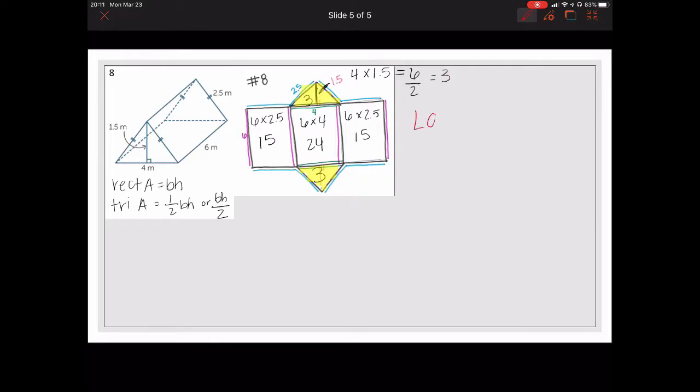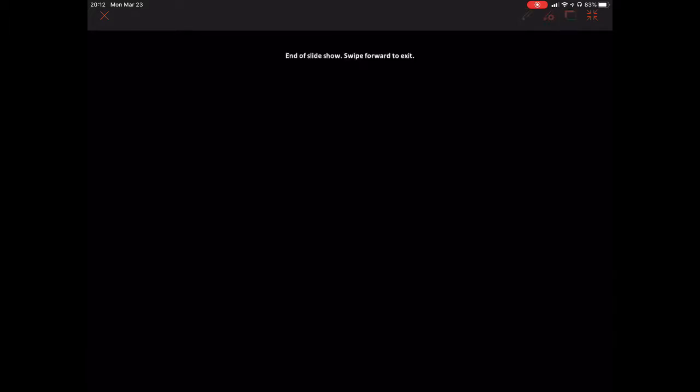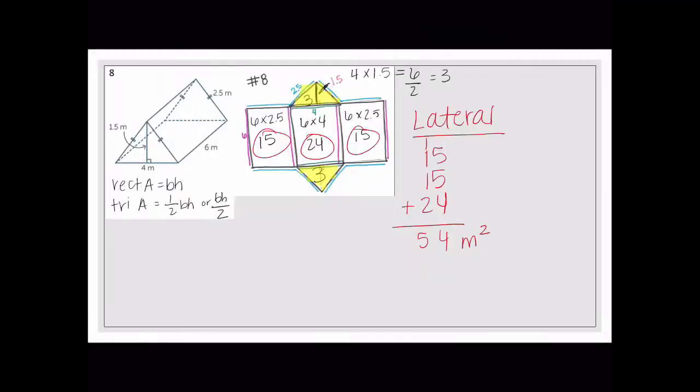So now it's time to find our lateral surface area. So we're going to add up the sides, everything but the bases. So 15 plus 15 plus 24. Okay, and it is meters squared.